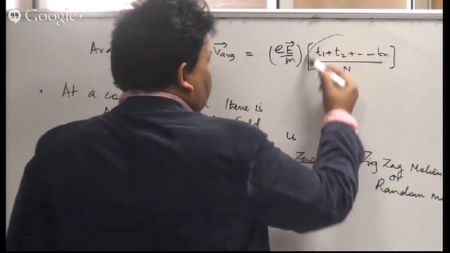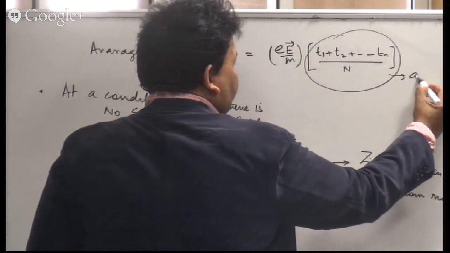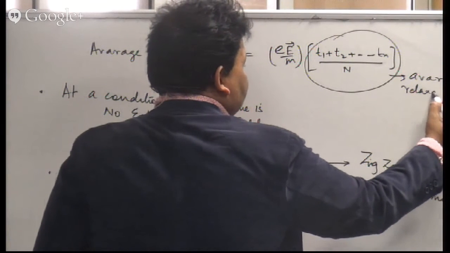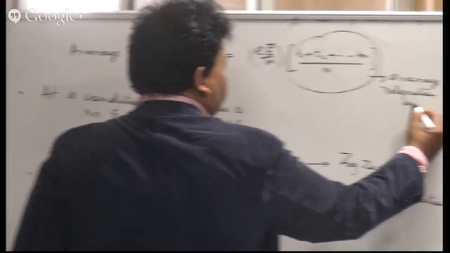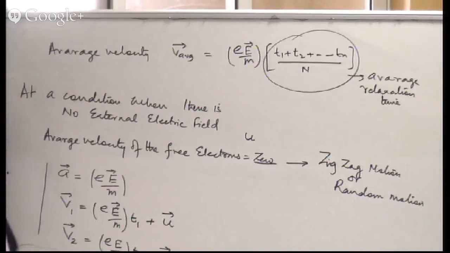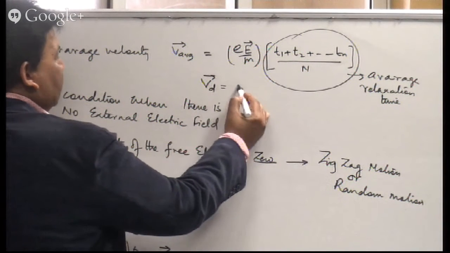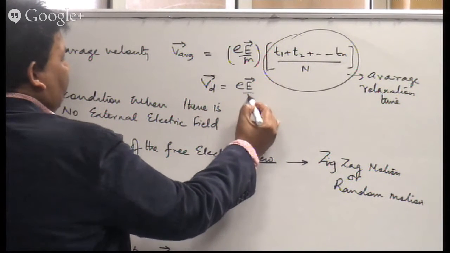Now this is called the average relaxation time. Very good. And this average velocity is called drift velocity. Vd comes out to be E by m into tau.